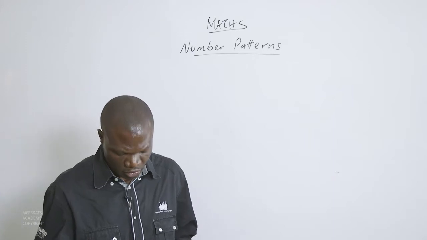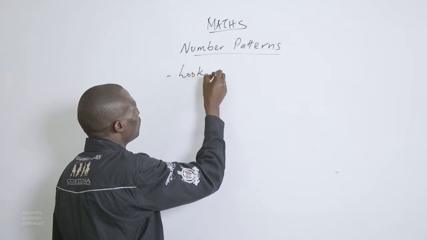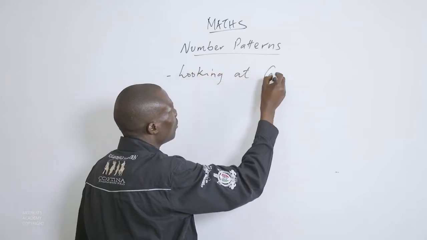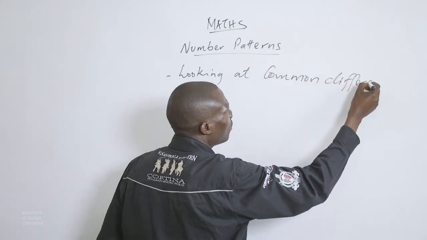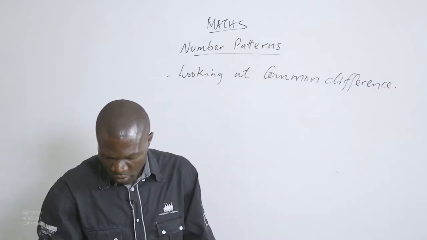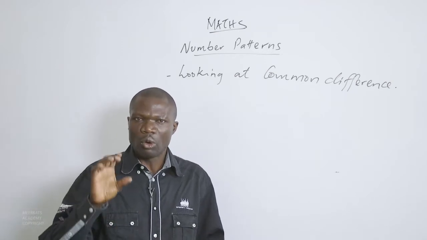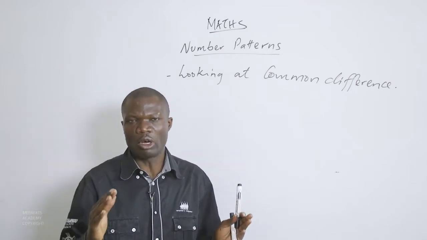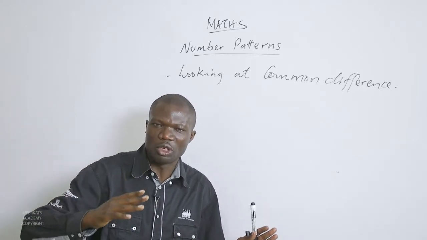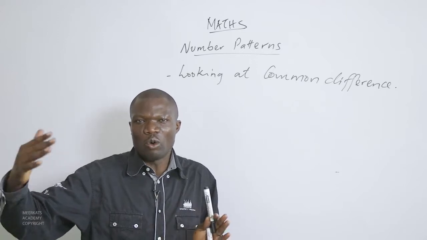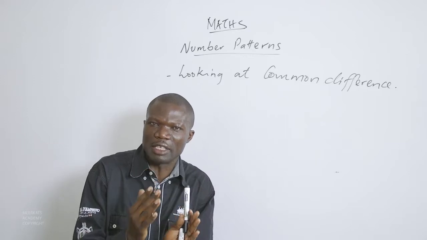looking at what we call the common difference. When you talk about a common difference, I want you to look at it this way. When you have two numbers, two terms, and you subtract one from the other, what you have is a difference.